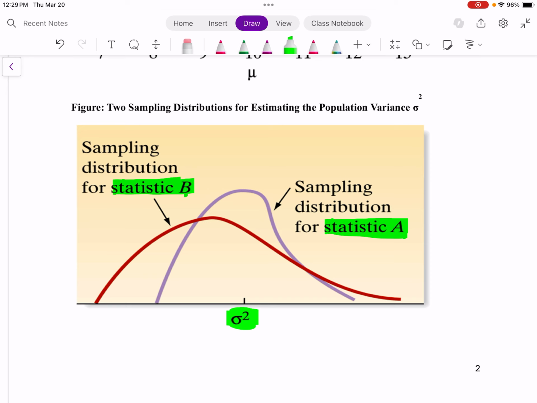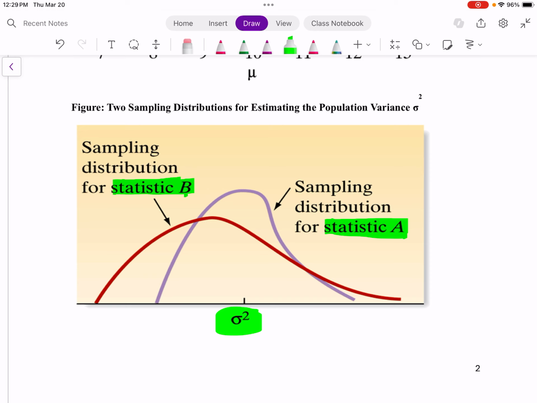Okay, two things. You always pick a distribution which is centered at the parameter. And the next, we always pick a sampling distribution whose variability or standard deviation is less. So out of statistic A and B, we pick the sampling distribution for statistic A to make an estimation of sigma square.